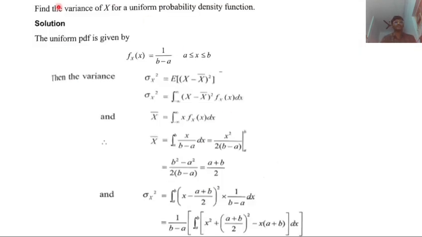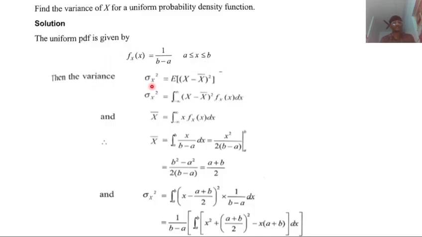Now an example: find the variance of x for a uniform probability density function. The uniform probability density function is given by f x of x equal to 1 by b minus a, for a less than or equal to x less than or equal to b.